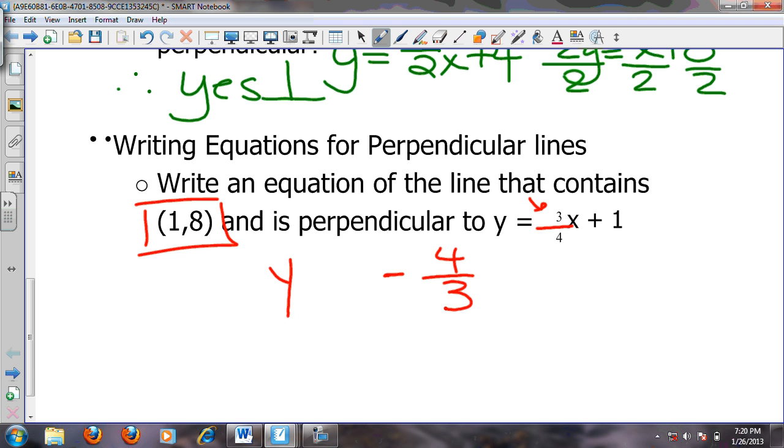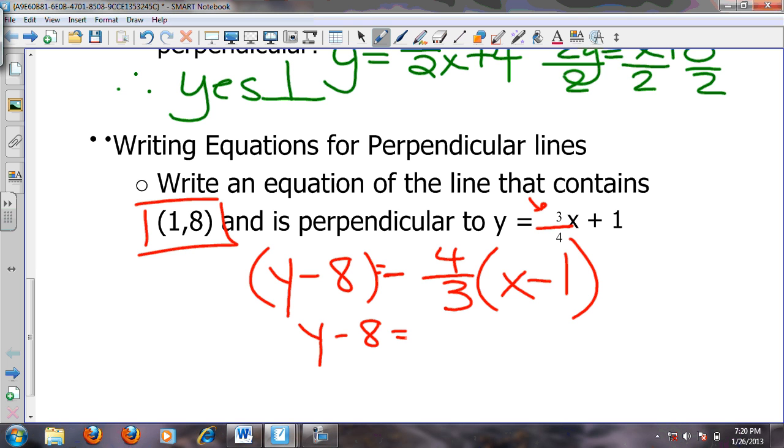So y minus y1 equals my slope times x minus x1. So distribute: y minus 8 equals negative 4/3 x plus a negative and a negative, positive 4/3.